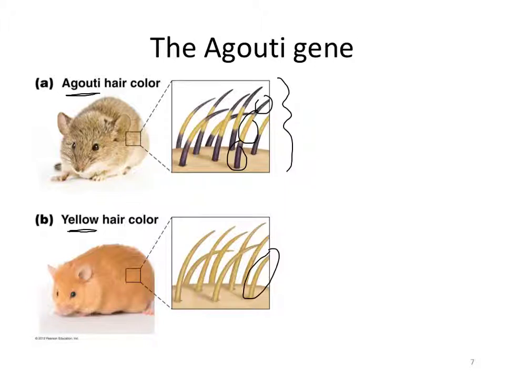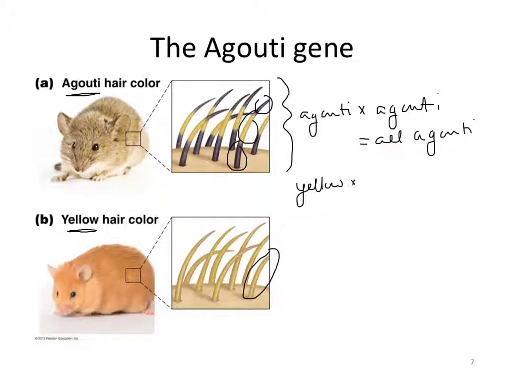Geneticists noticed when they were first studying this that if you cross Agouti by Agouti mice, the progeny are all Agouti. Okay. And if you cross yellow by yellow mice, the progeny are 2/3 yellow and 1/3 Agouti.